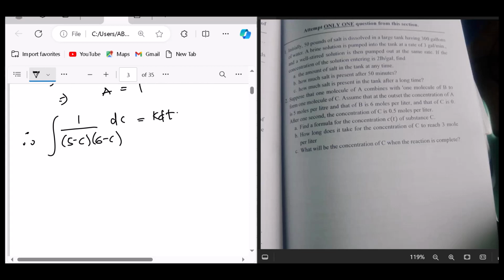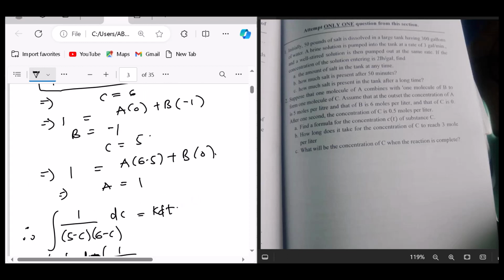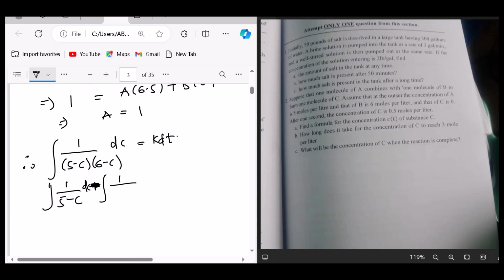So this is rather the integral of, since A is 1, 1 over (5 minus C), plus the integral of 1 over, minus, because B is negative, (6 minus C), equals k dt.